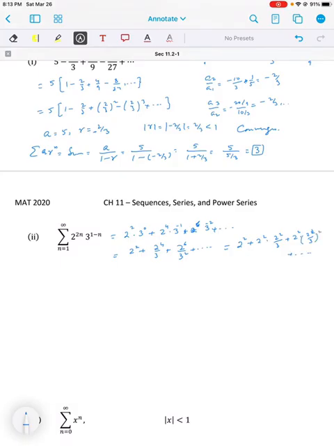So your a is 2 squared and your r is 2 squared over 3, which means 4 over 3, and you notice that this is greater than 1. So this is a geometric series but it diverges because r is greater than 1.